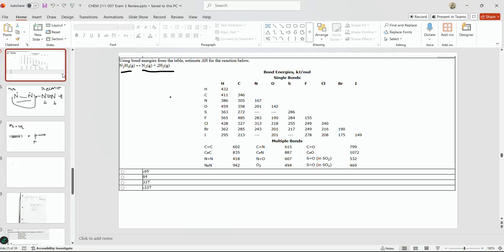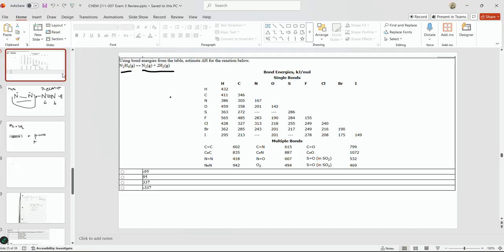Why is it 95? Did I do the bonding wrong? 1, 2, 3, 4, 5. So we have 4, 2. Maybe just connect 2. 1 bond electron.